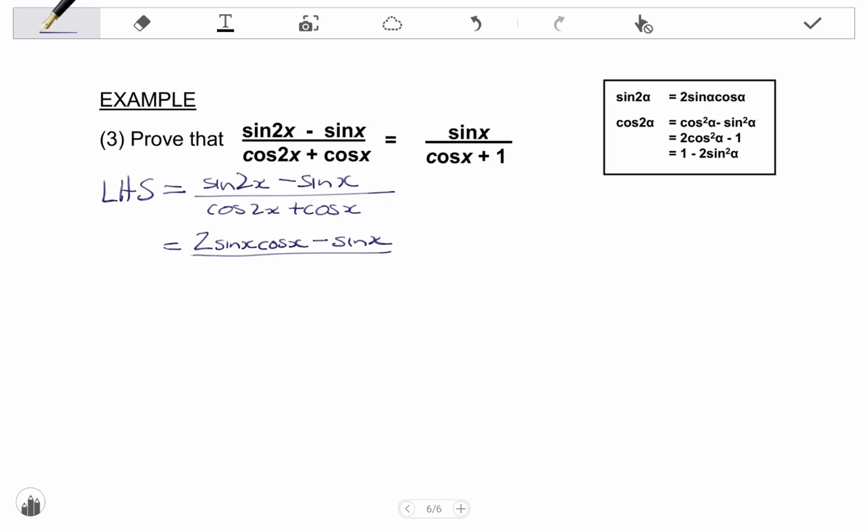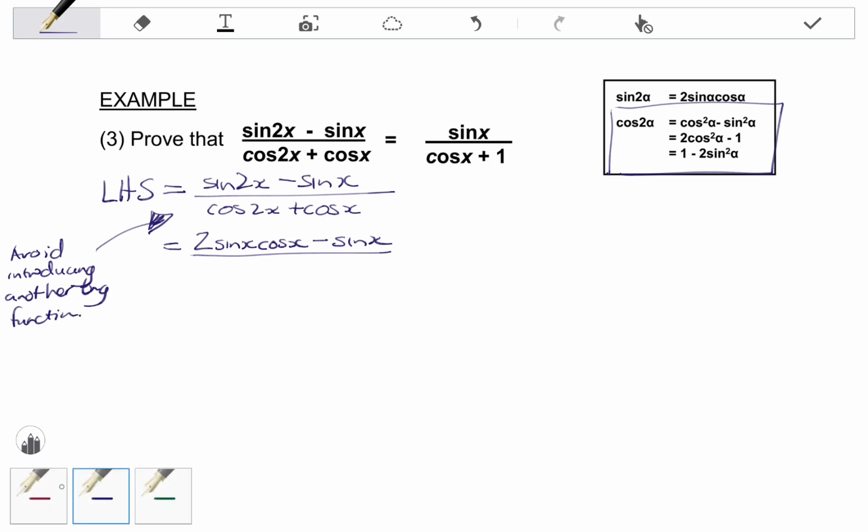Okay, so the second tip is to choose the option of the cos double angle formulae that avoids introducing another trig function. In the denominator, that is here.